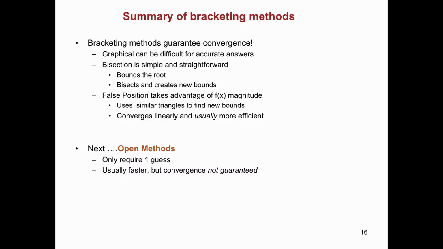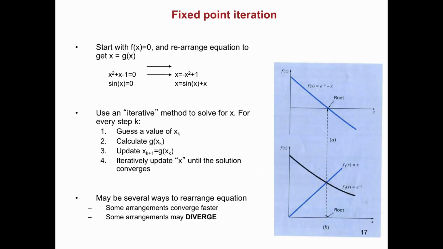And those are usually faster if they converge, but we can't always say that they will actually find the root. Okay? So you can relax this issue of having a bracket and just start from some value and try to search. However, you might not be guaranteed finding a solution at all. Okay, so let's look at one such method.